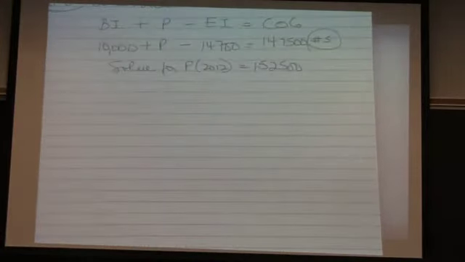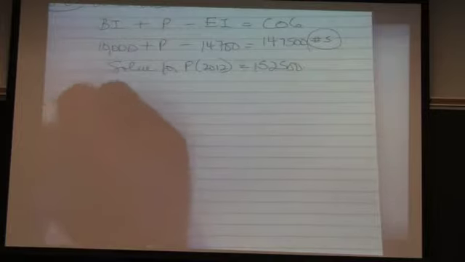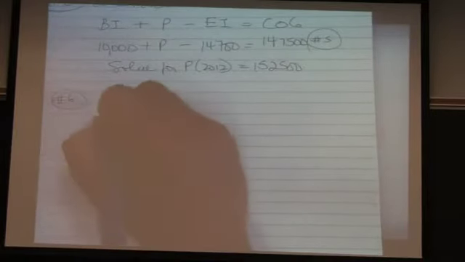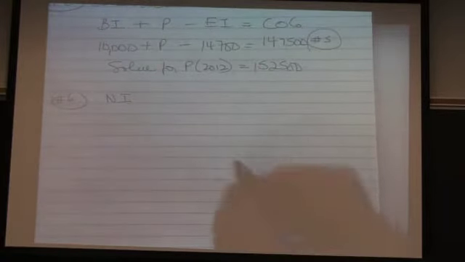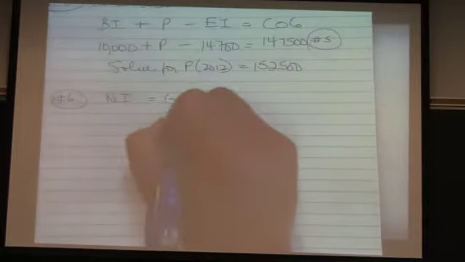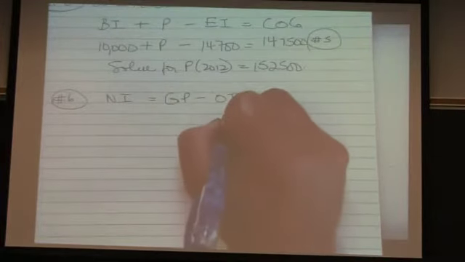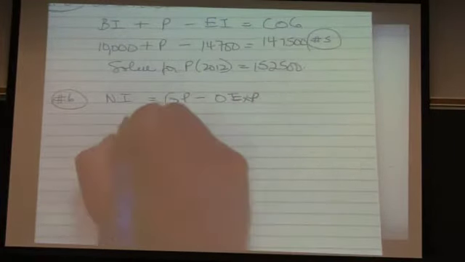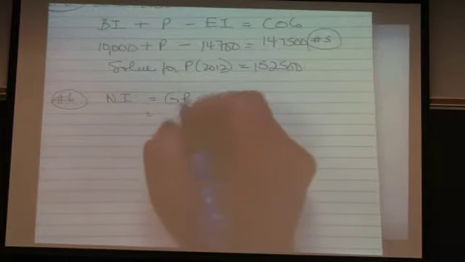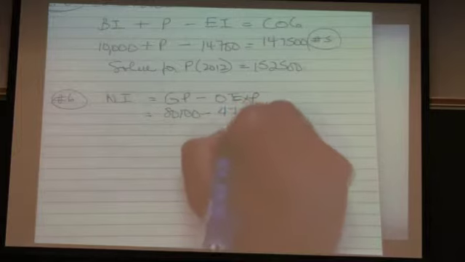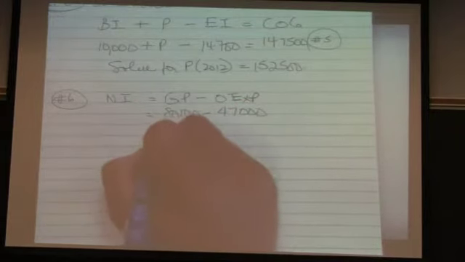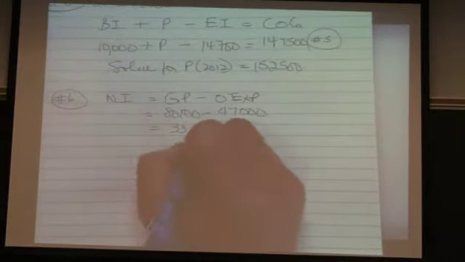So number 6 is just net income, which is gross profit minus operating expenses. Gross profit is 80,100 minus operating expenses to give us 33,100. So this is number 6.